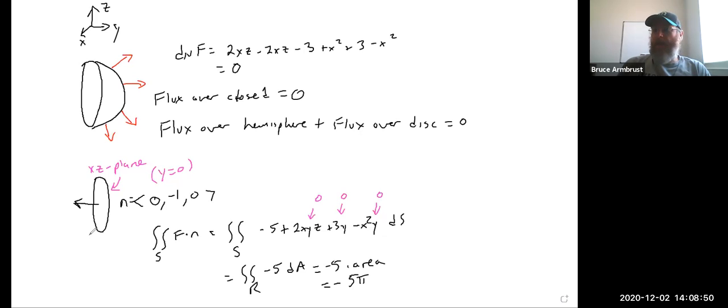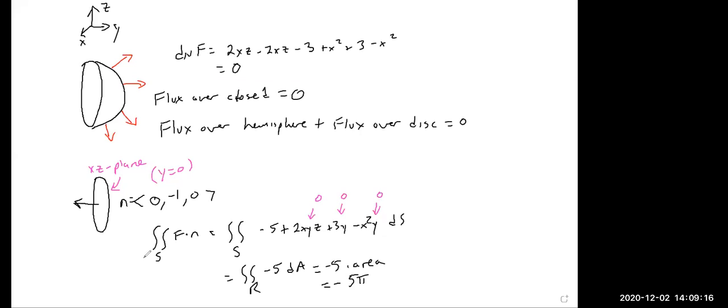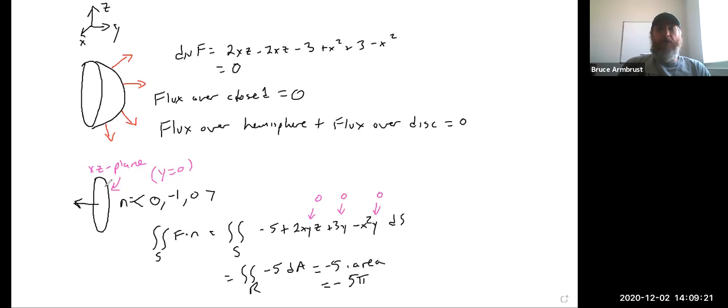So like I said, we still had to calculate a flux integral. It's just this flux integral was crazy easy. All right, so what's the flux over the surface we were given then? It's minus 5 pi. And it's not minus 5 pi. Minus 5 pi was over the planar circle.